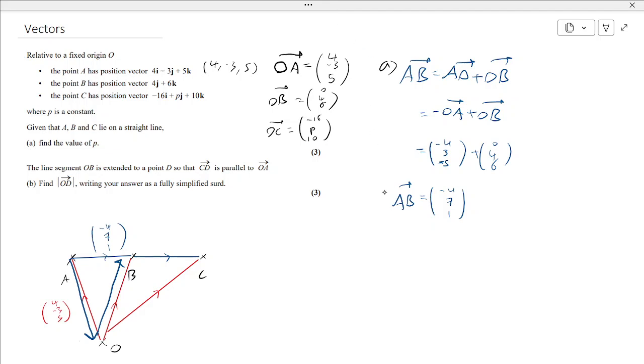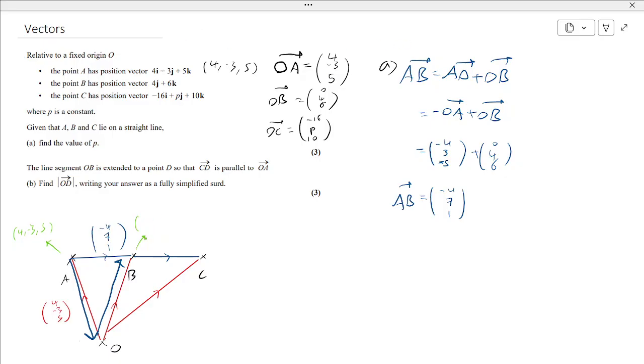The way to calculate AB, this subtraction, is also intuitive rather than taking this long path. If you think about the coordinates, A is 4, negative 3, 5, and the coordinates of B is 0, 4, 6.